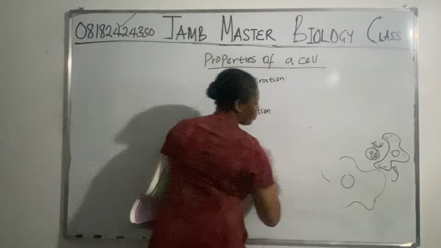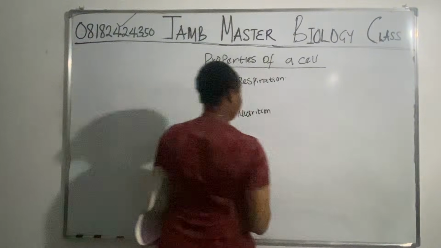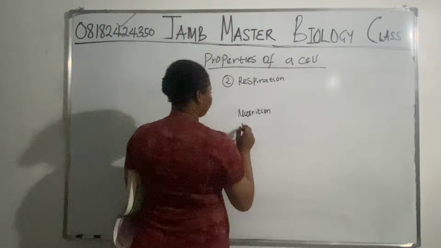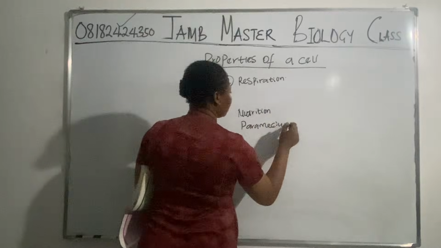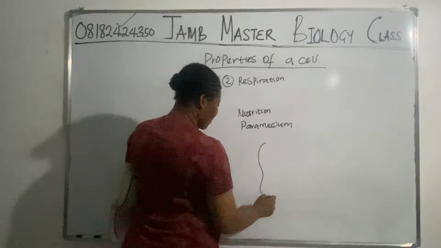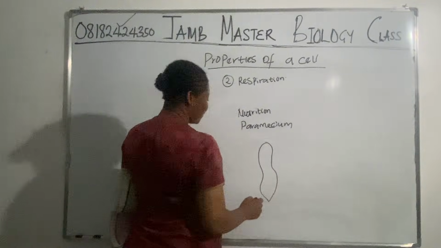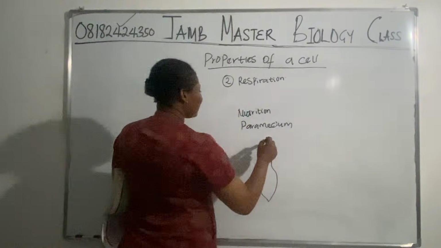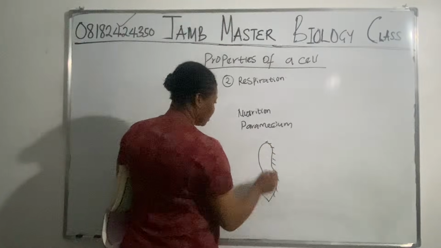Paramecium is like your slippers. I may not be able to get it properly, but paramecium is something like this, right? Then it has cilia. This is how it is.